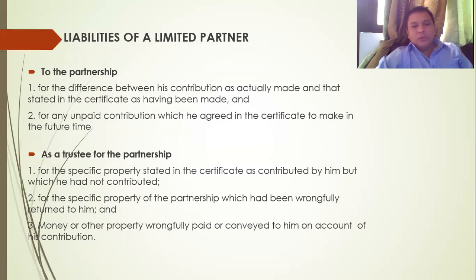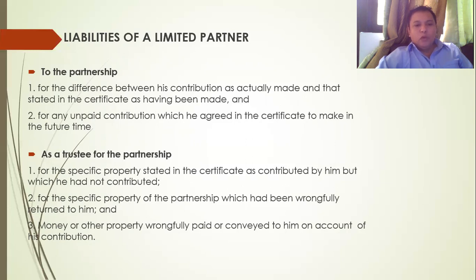So this is the first: for specific property stated in the certificate as contributed by him, but which had not been contributed. So wala pa na contribute. And this time it has been specifically stated in the certificate that he will contribute.